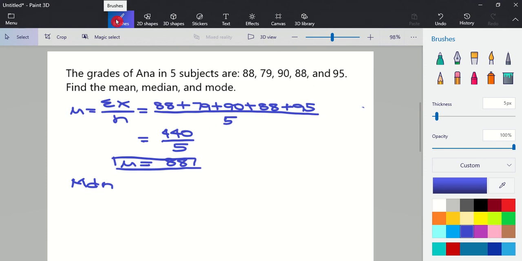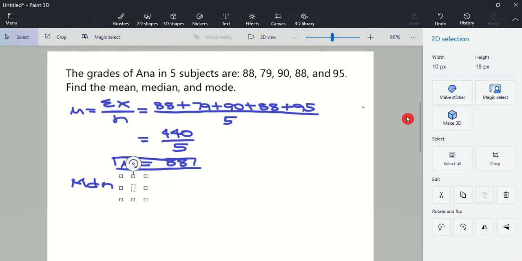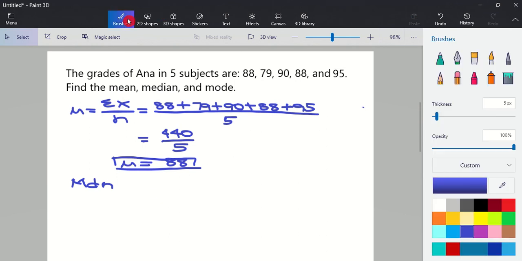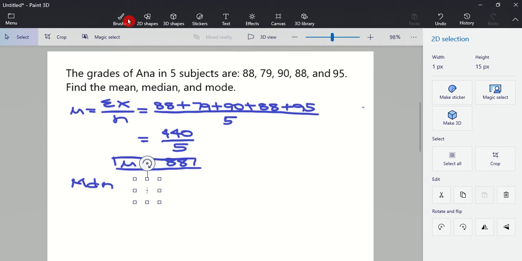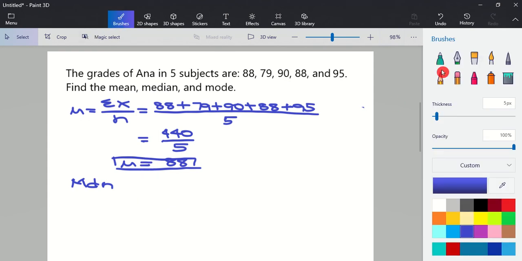So the arrangement starts with 79, and then next to 79 is 88, then another 88, then 90, and lastly, 95.